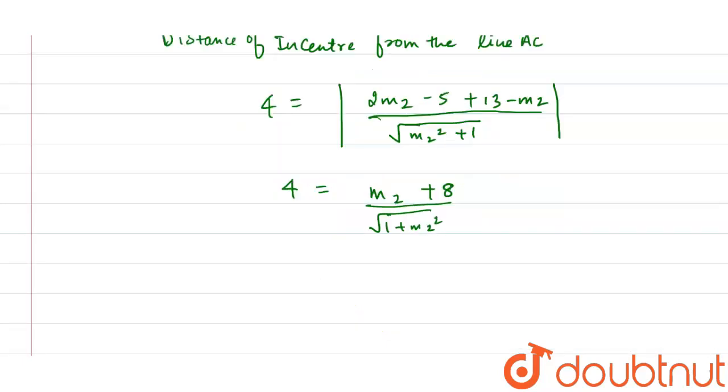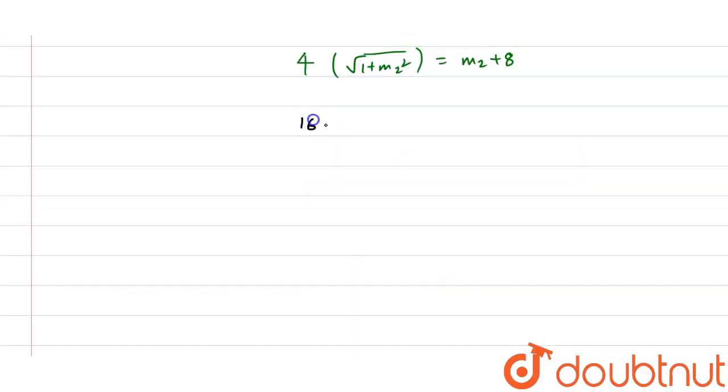Now if we multiply this side, we get 4 multiplied by under root 1 plus m2 square is equal to m2 plus 8. Now by squaring on both sides, this will be 16 multiplied by 1 plus m2 square, and that is equal to m2 plus 8 whole square.